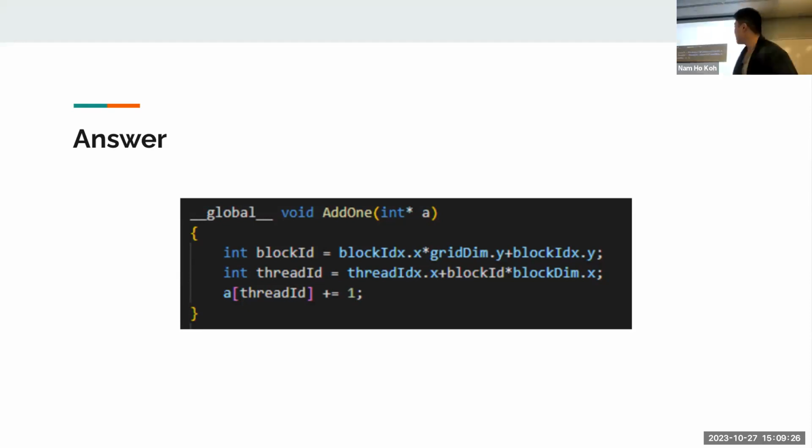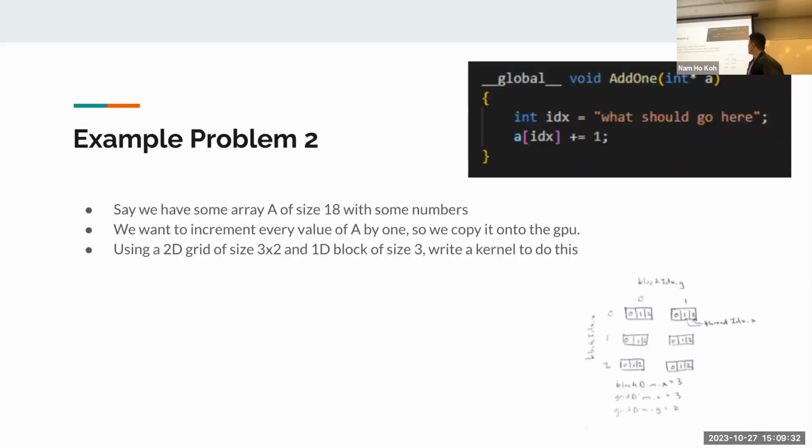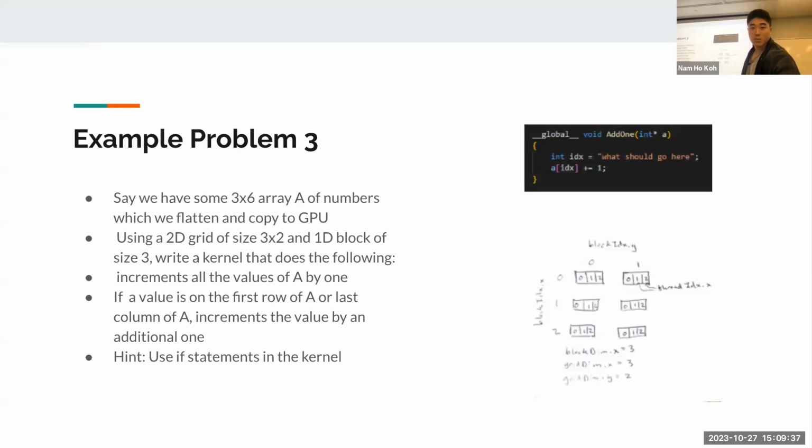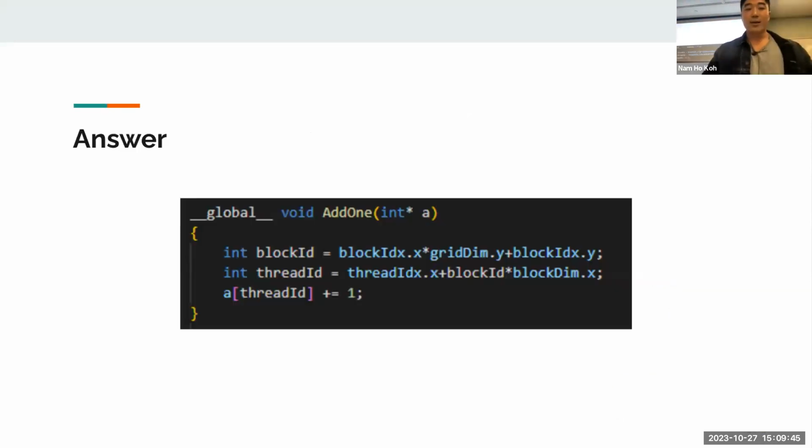Then you repeat that operation for each block, so it goes 0, 1, 2, 3, 4. Once you have the block ID, it's pretty straightforward to calculate the rest. Everything stays the same, and we multiply by the number of threads in each block.